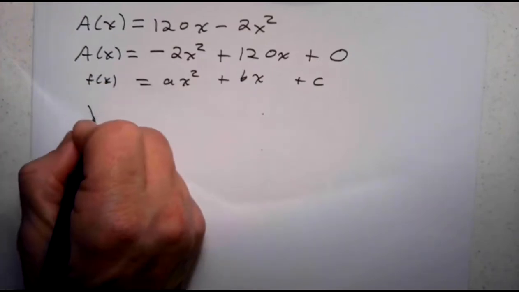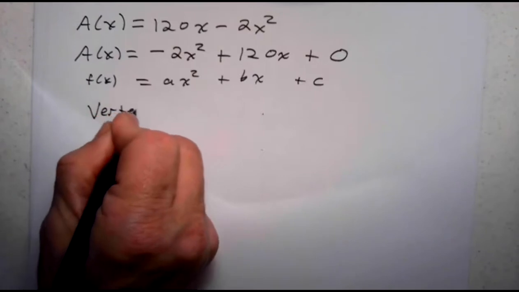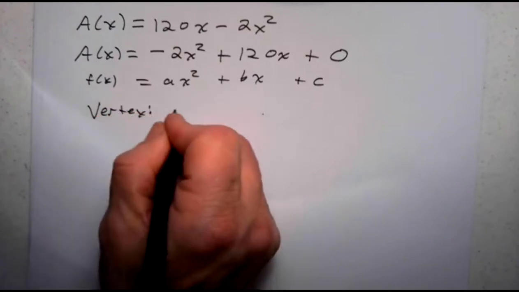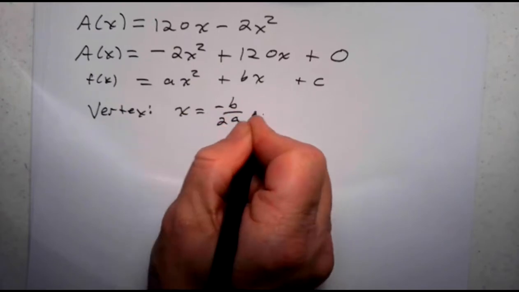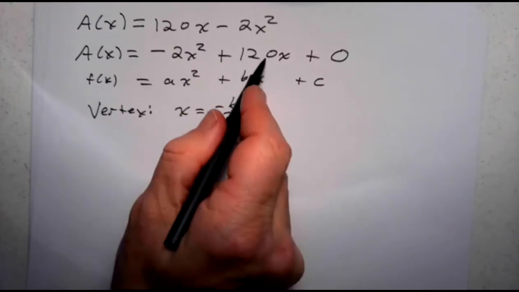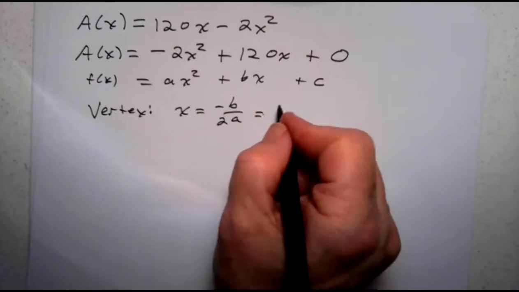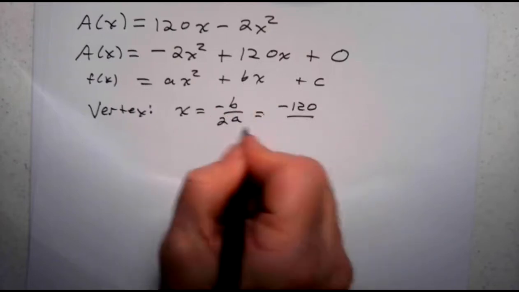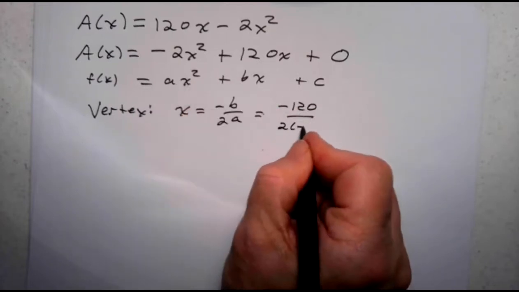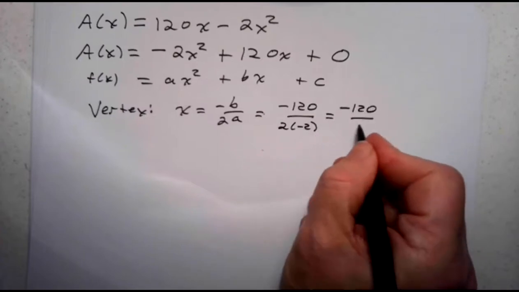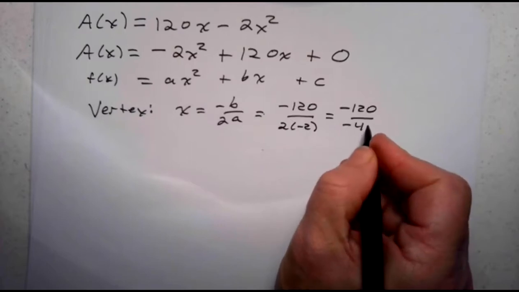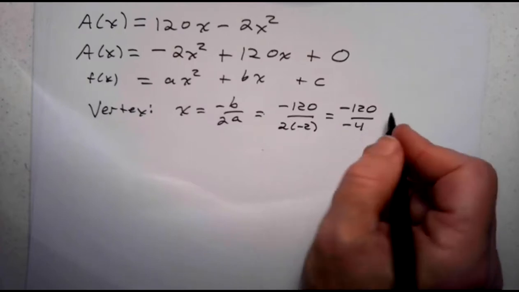We know the vertex occurs where? The vertex occurs when x equals negative b over 2a. So in this case, b is 120, so negative b, negative 120 over 2a, over 2 times negative 2, negative 120 over negative 4, which I believe is going to be at 30.